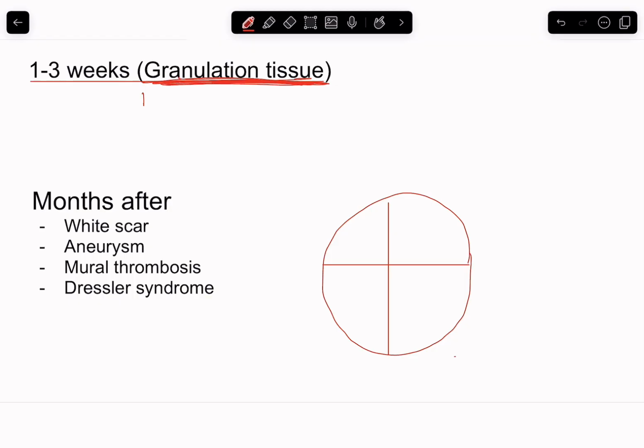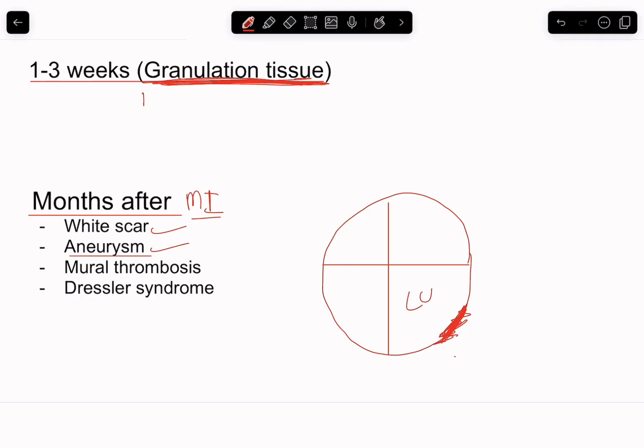Now let's talk about what will happen months after myocardial infarction. So you can see a classic white scar. So in this case we had your infarction at the left ventricular wall. So this will get healed up by formation of scar and fibrosis. So one complication that you can see is aneurysm.